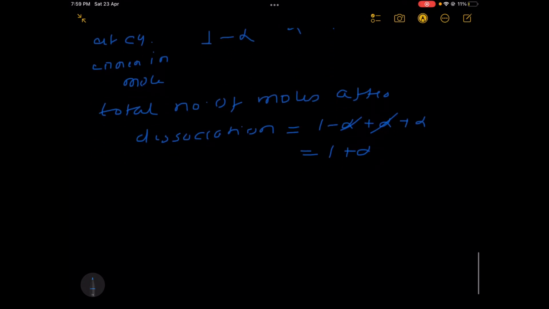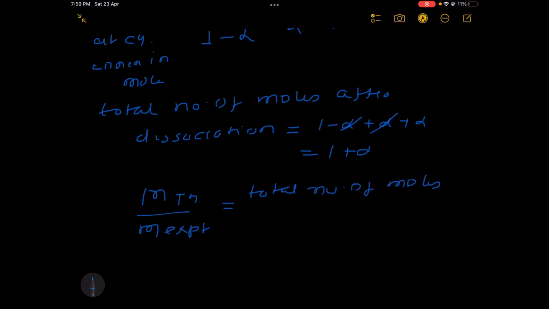So here we know that the Vant Hoff factor is a function of molecular weight theoretical by molecular weight experimental. Just now we have discussed it is equal to total number of moles after dissociation by total number of moles before dissociation.